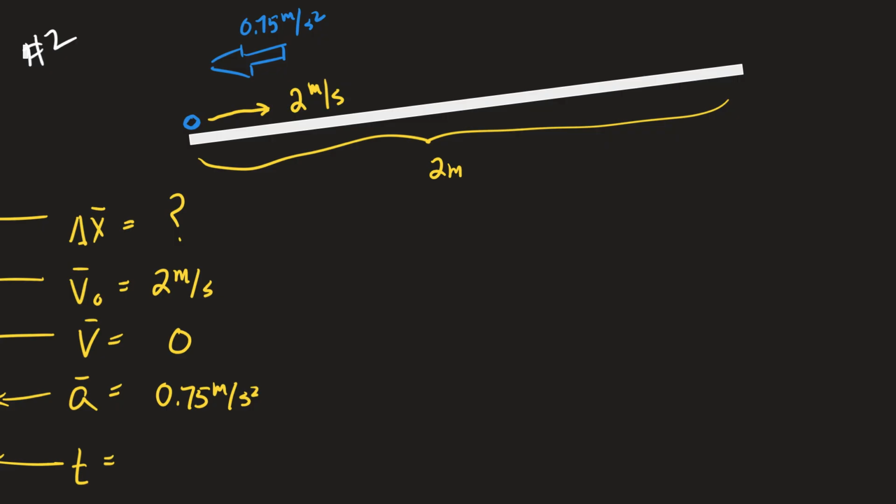All good to go? Now, before I go on, anything with a bar in it has to have its direction added. You need to make a decision about direction. So I'm going to choose to make up the ramp positive. And any of these numbers that are vectors, I'm going to make positive if they're going up the ramp and negative if they're going down the ramp.